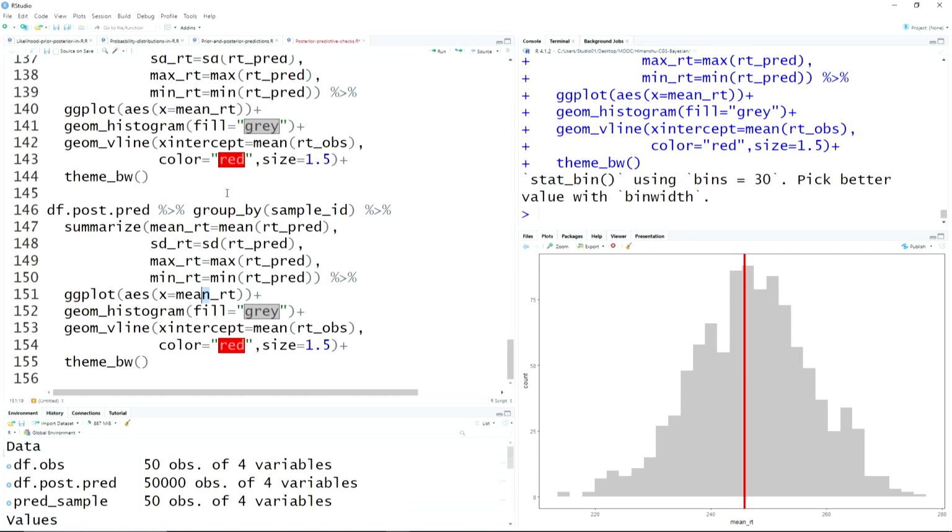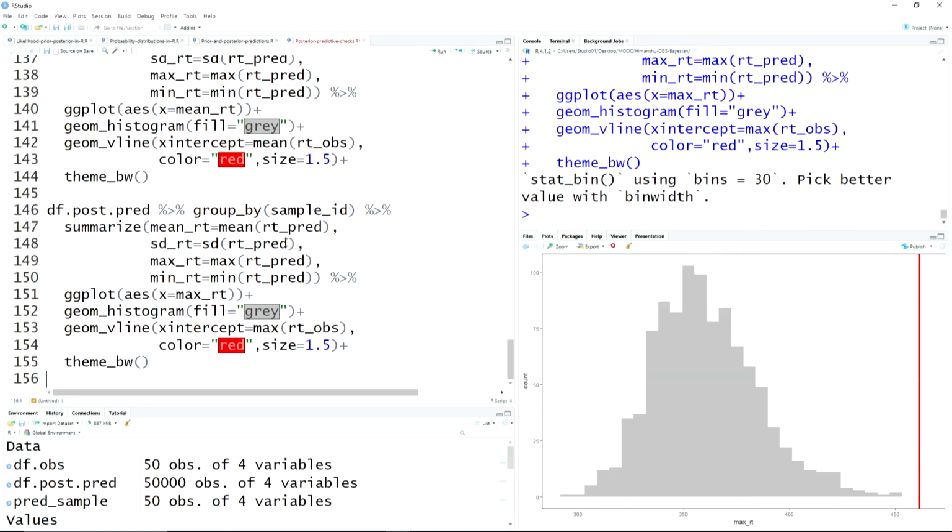And importantly, why this becomes important is this, that if you compare some more important summary statistics like max RT in this case, or let's say upper quartile or something like that. So this is just to illustrate. So let's say you compare max RT. Let us see how max RTs look like in observed data and posterior predictive data. See, now this is very fascinating.